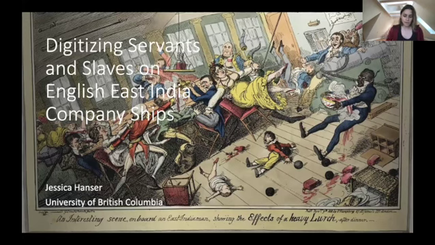The data include information about servants, people who were bonded, and enslaved people who were all working in Canton or who were traveling on East India Company vessels across the Indian Ocean, either departing from China or their destination was China. And I'm also looking at the demographics, the conditions of their labor, the roles that they were playing in supporting Britain's empire in the Indian Ocean world.